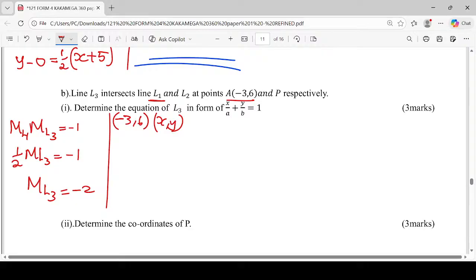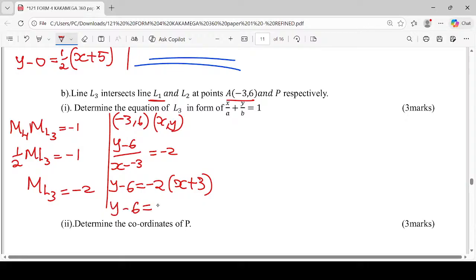So y minus 6 all over x minus -3 should be equal to the new gradient, which is -2. So y minus 6 is equal to -2 into x plus 3. Remember, x minus -3 is just like saying x plus 3. So y minus 6 should be equal to -2x minus 6.